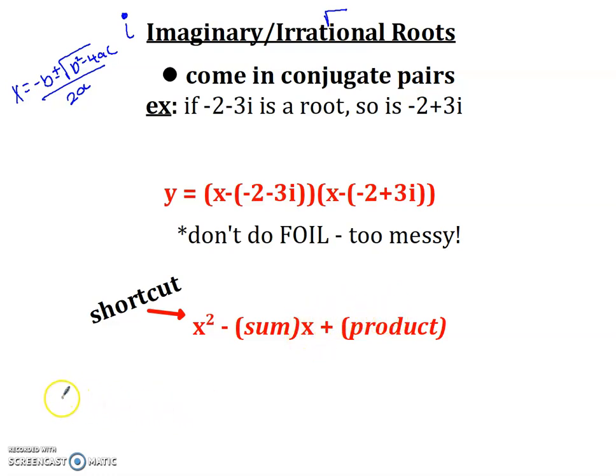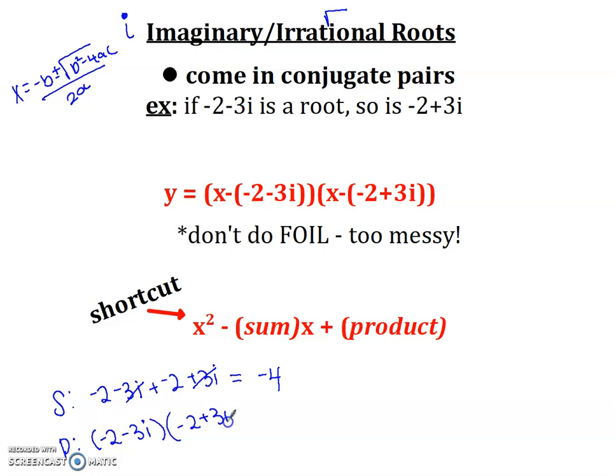Okay, so what that means, if I were to take these two roots, -2 minus 3i plus -2 plus 3i, if I add these together, the imaginary parts are always going to cancel, and you're going to get a sum of -4. For the product, you're going to take those two roots and FOIL it out.